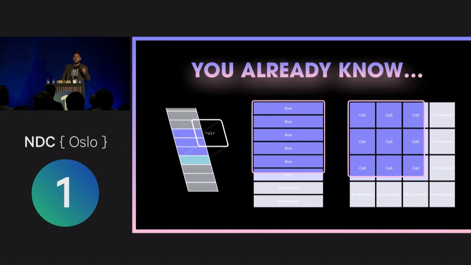Last but not least, we have list virtualization, which is really interesting when we have lots of content to render in the browser. With it, we spare ourselves from doing a lot of work in the DOM, and we render only what's visible.